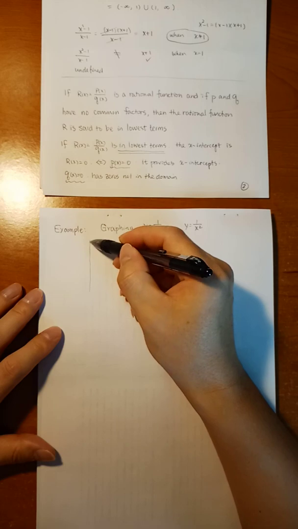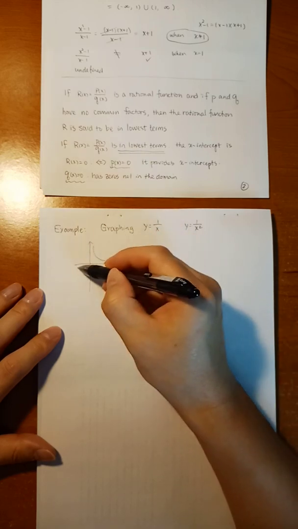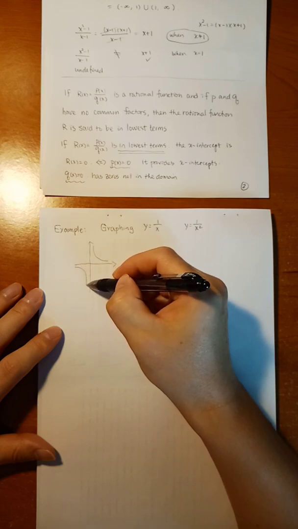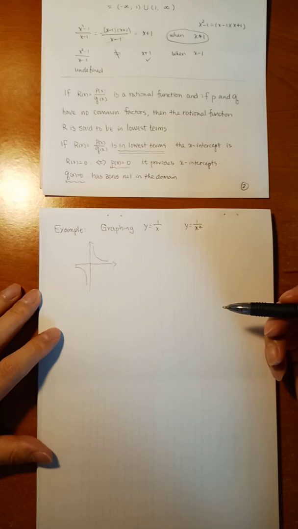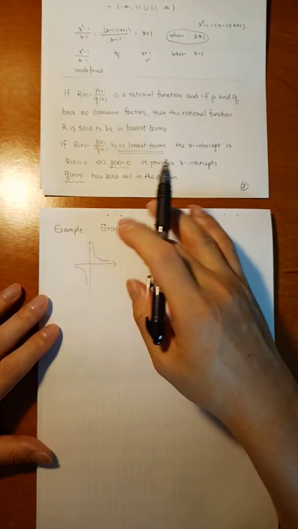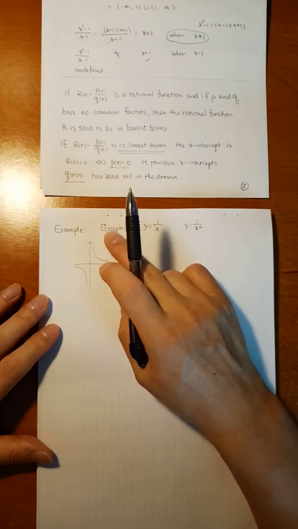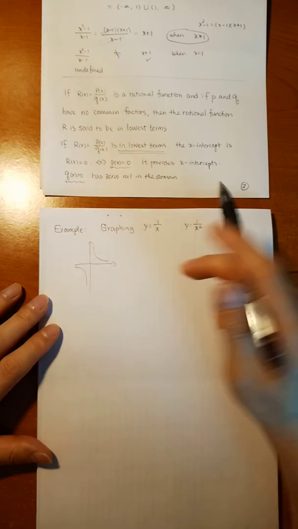Y equal to 1 over x, the reciprocal function, we actually graphed it before in the section on library of functions. So it's like this. It has two branches. It's an odd function. One branch is in the first quadrant. The other branch is in the third quadrant.